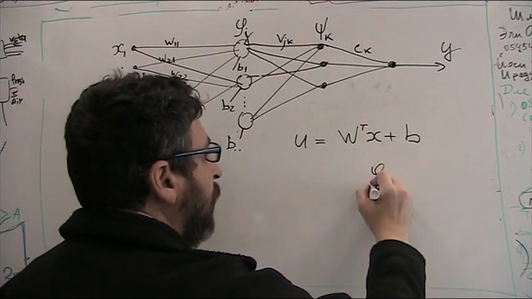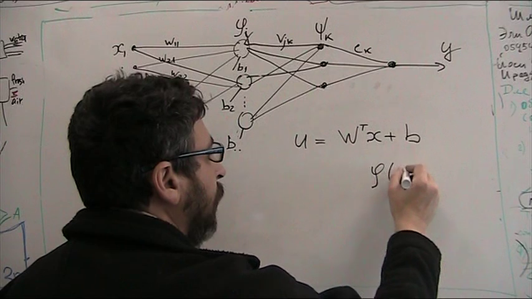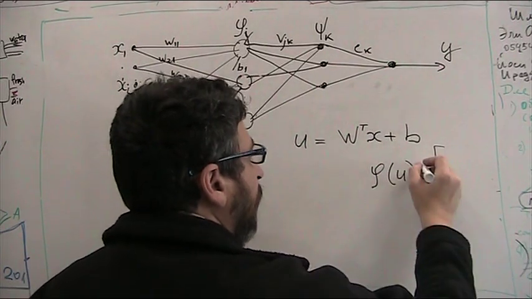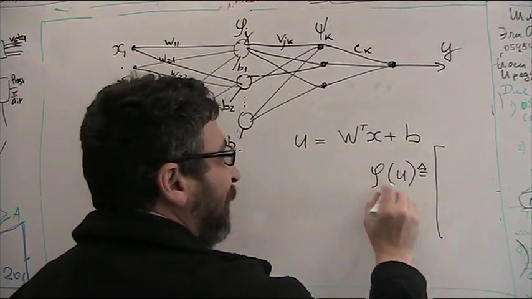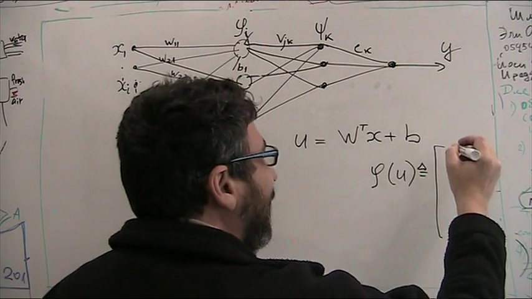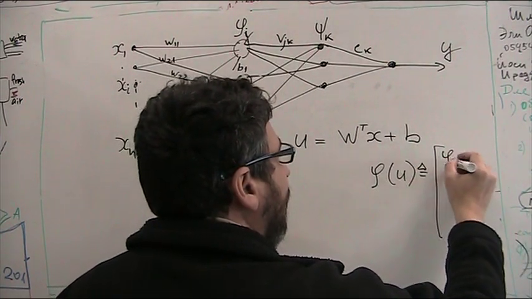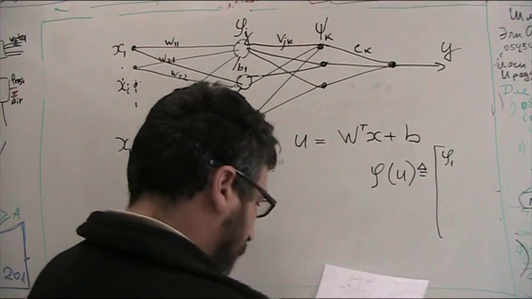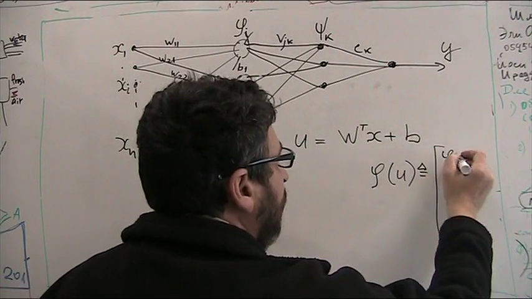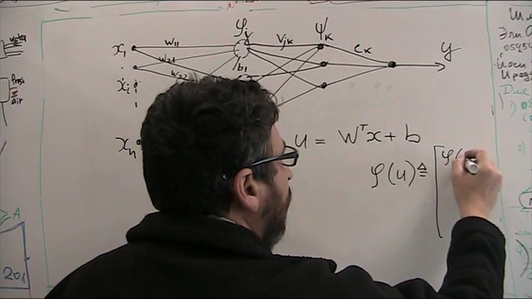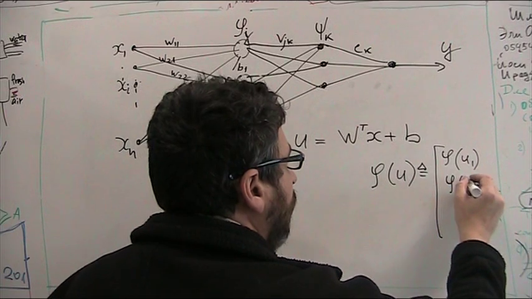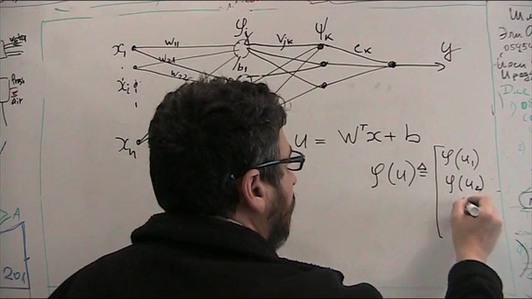Say, I can write formally phi of u such a vector. This will be my definition of my vector function. So it's phi of u1, phi of u2, and so on.